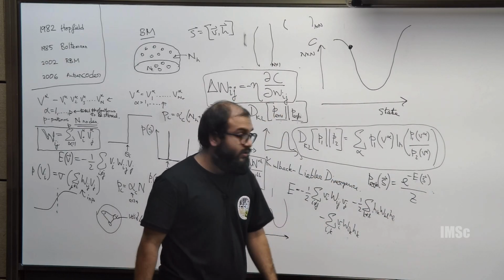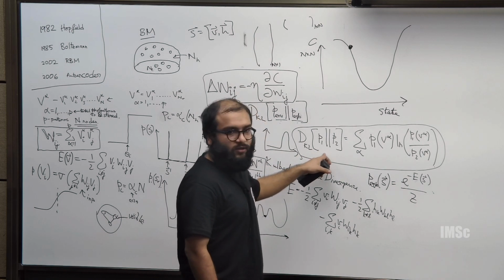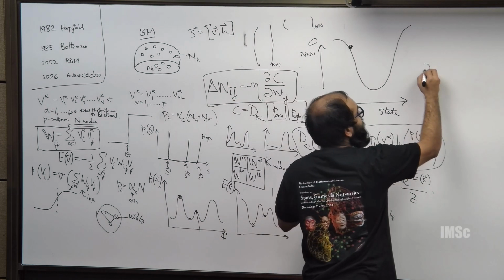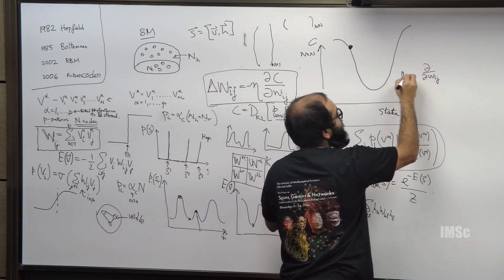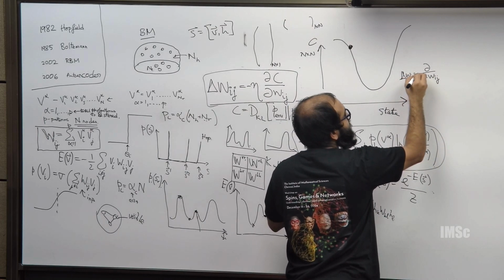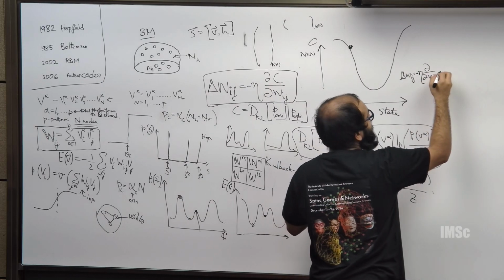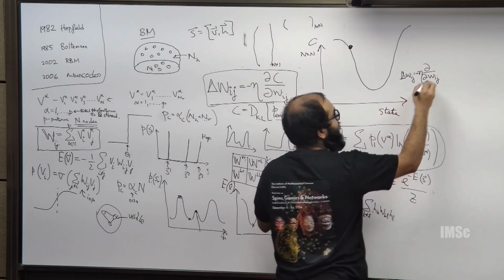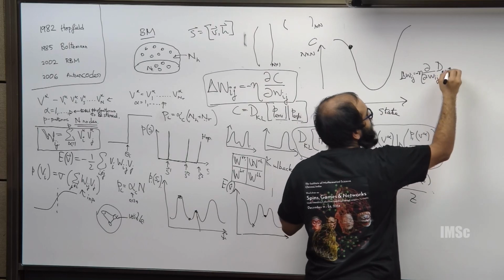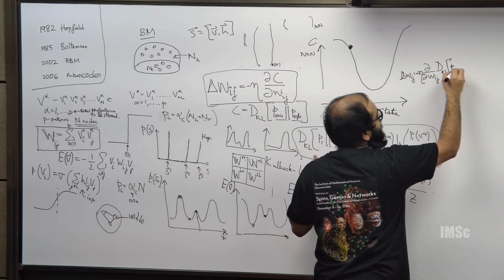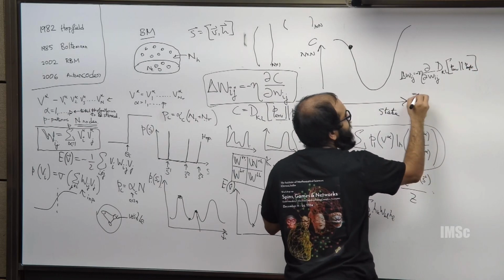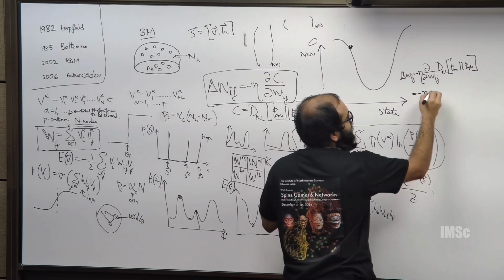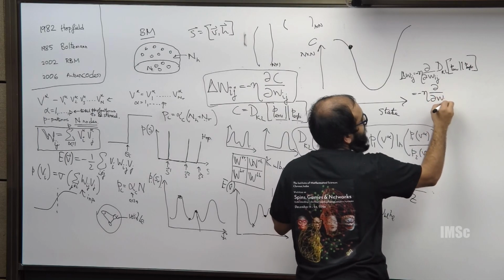Now if you treat this as a cost function, what will it look like? Delta Wij is equal to minus eta dou by dou Wij of DKL of P environment and P equilibrium, which is equal to minus eta dou by dou Wij.